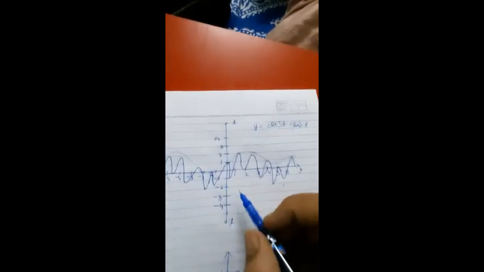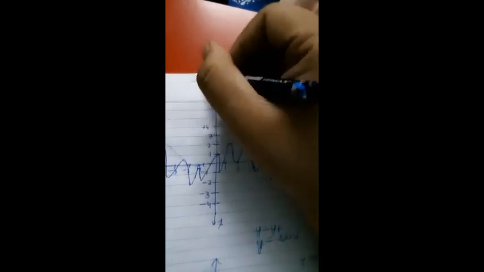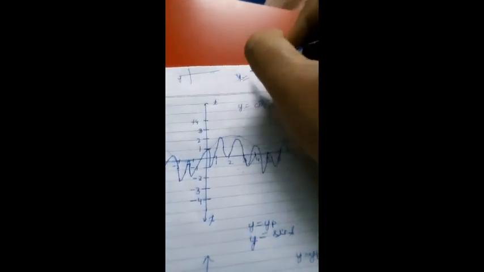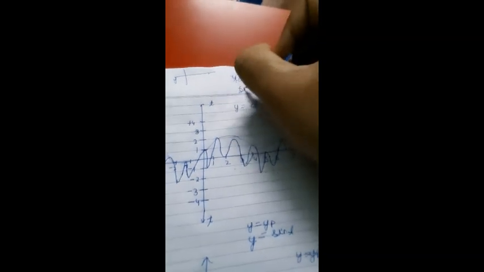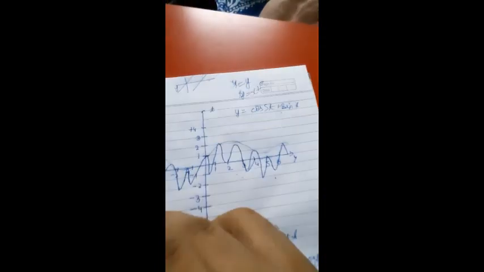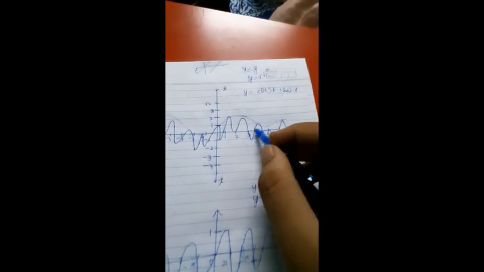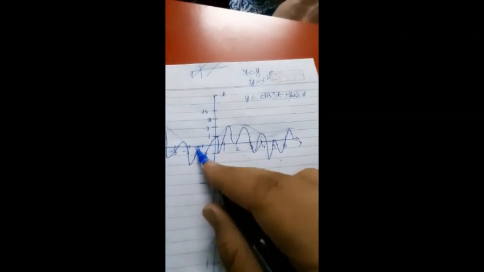Now for the graph of this, for example if you have y equals x and y equals x plus 5, the difference between both graphs is just a shift. Similarly this is a graph of cos 5t shifted by sin t.